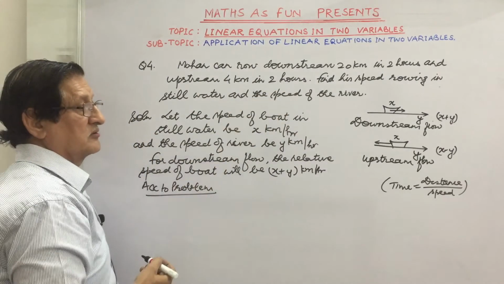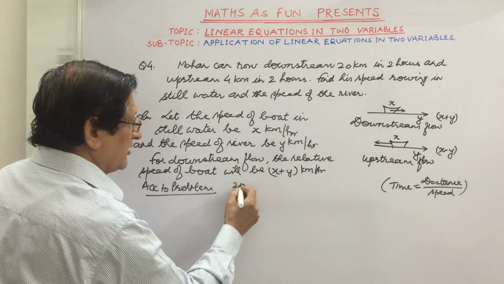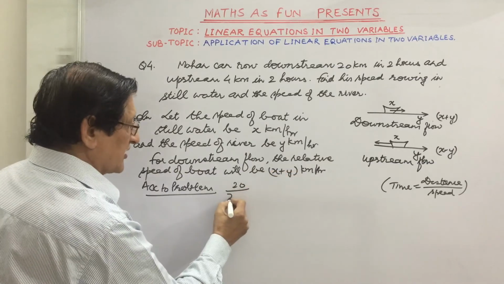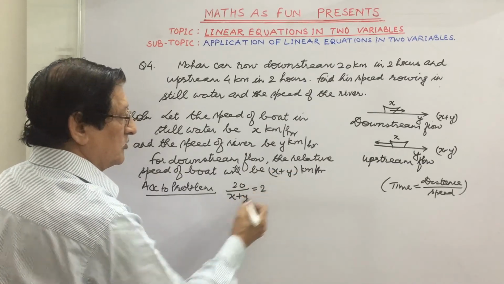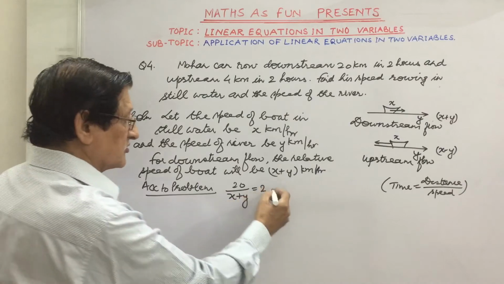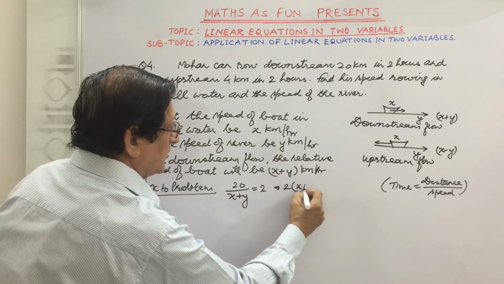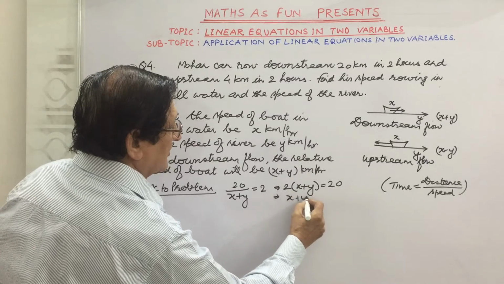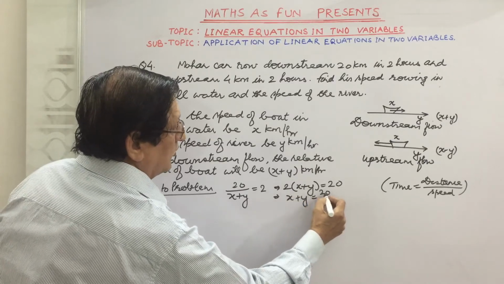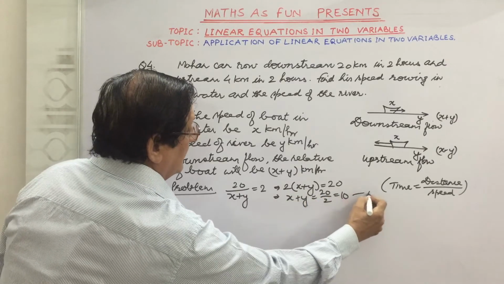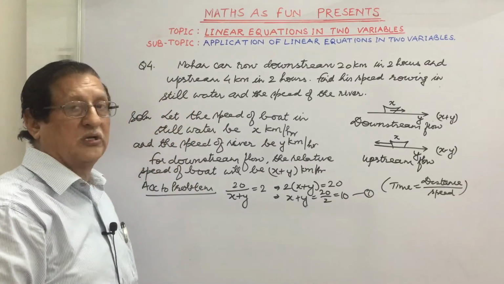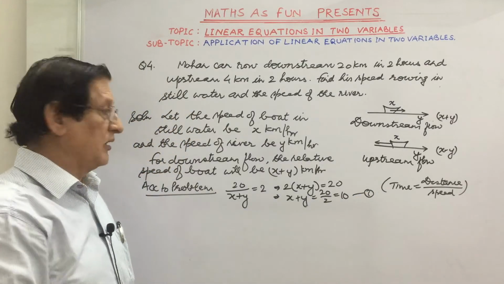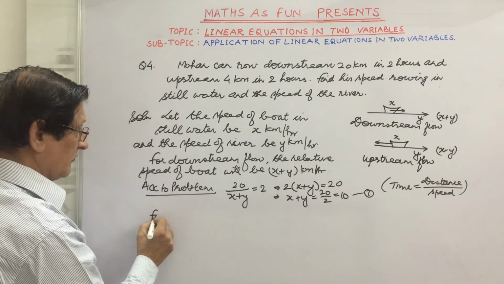Time is 2 hours, distance is 20 kilometers, speed is x plus y, so 20 upon x plus y is equal to 2. If we cross multiply, we get 2 into x plus y equal to 20, or x plus y equal to 20 upon 2, that is 10. We can write this as equation number 1, for downstream.